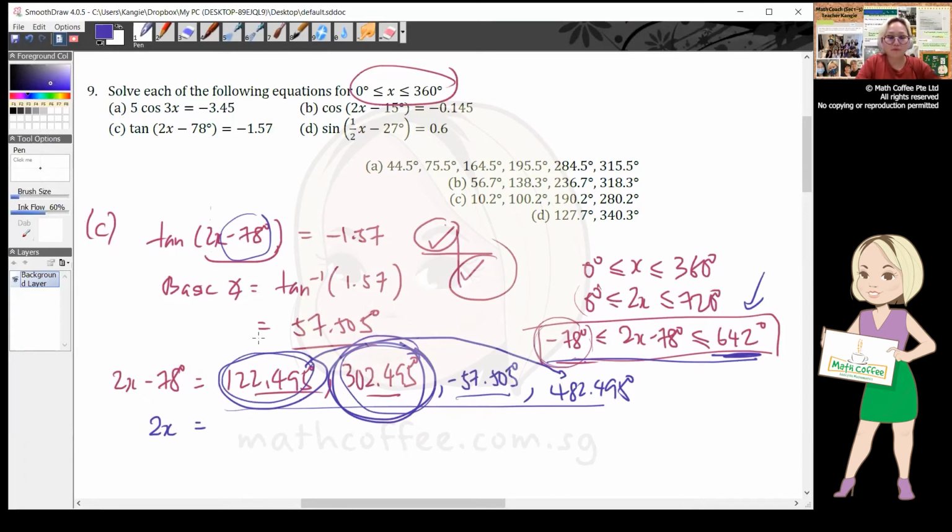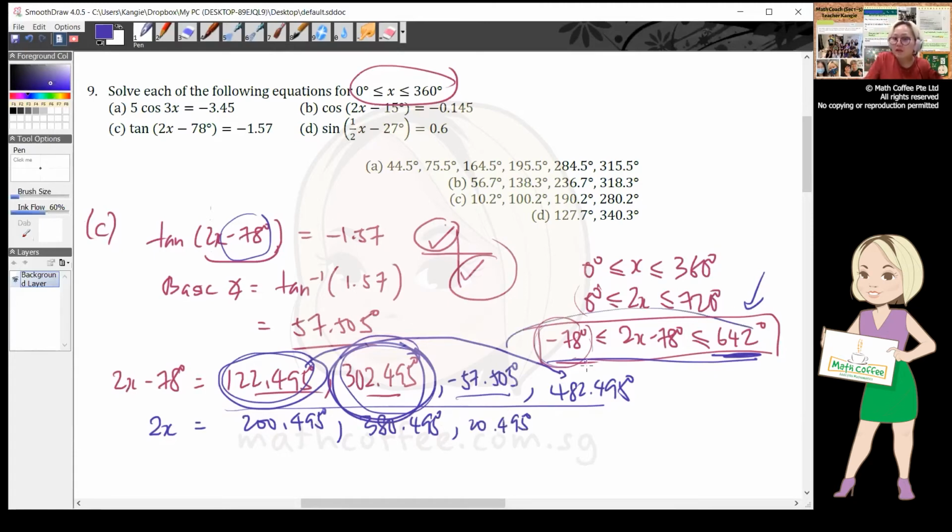So 122.495 plus 78 gives you 200.495. 302.495 plus 78 is 380.495. Negative 57.505 plus 78. You see, now it becomes positive already. You see?